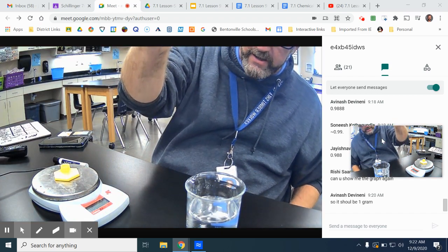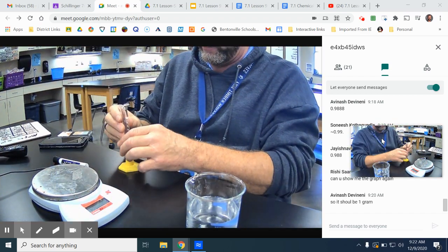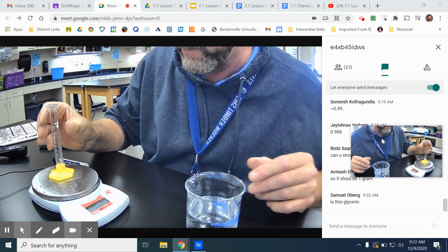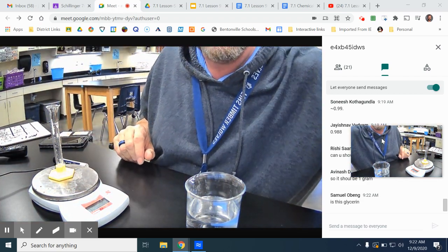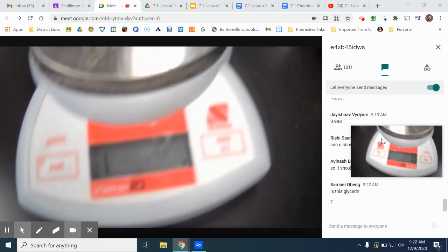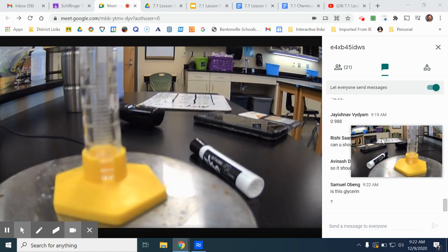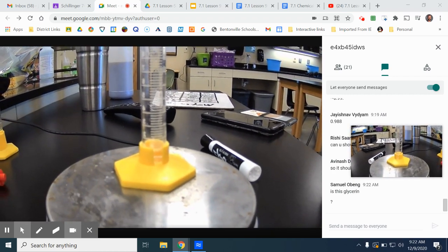One gram of water is not a whole lot. One gram, 1 milliliter.